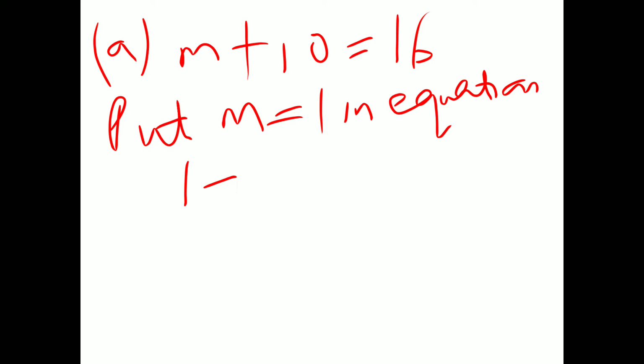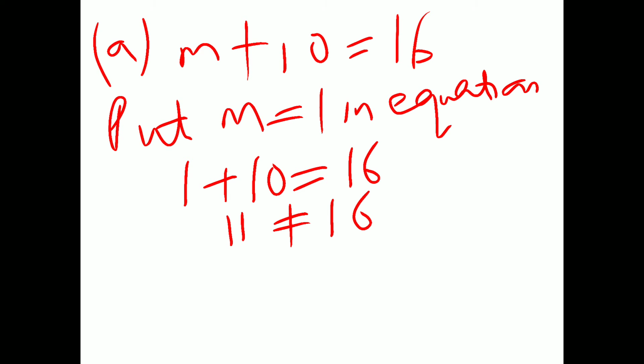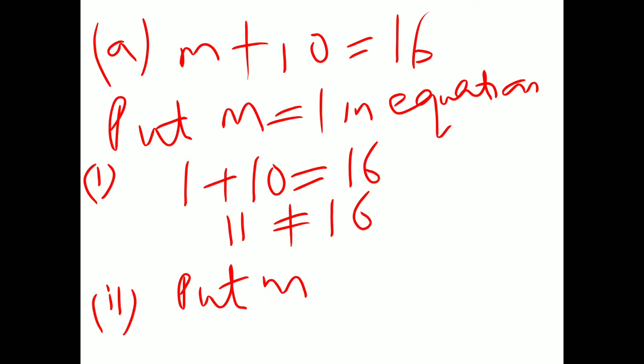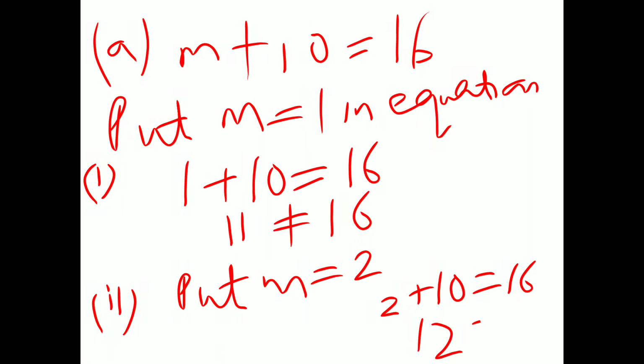So 1 plus 10 should be equal to 60. Are they equal? No. Clear? This is the first part; in this manner you have to do every part. Now put m is equal to 2. So 2 plus 10 should be equal to 60. Are they equal? No. Again, it is not a solution.